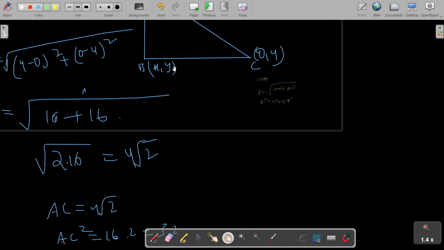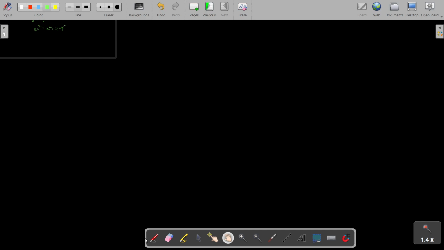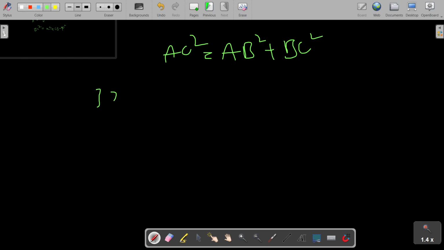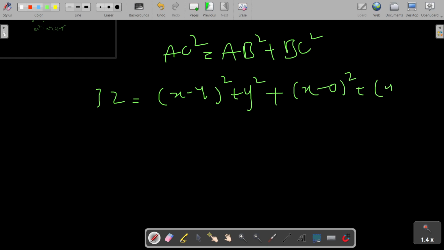Let's plug these into the condition. I have AC squared equal to AB squared plus BC squared. AC squared is 32. AB squared is (x minus 4) whole squared plus y squared, and BC squared is (x minus 0) whole squared plus (y minus 4) whole squared.